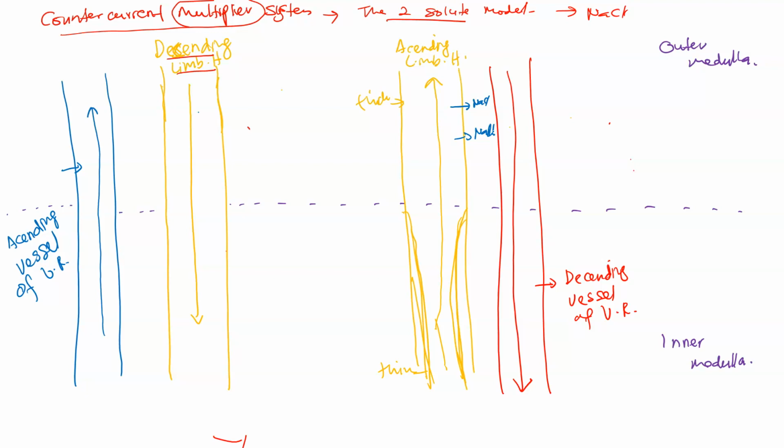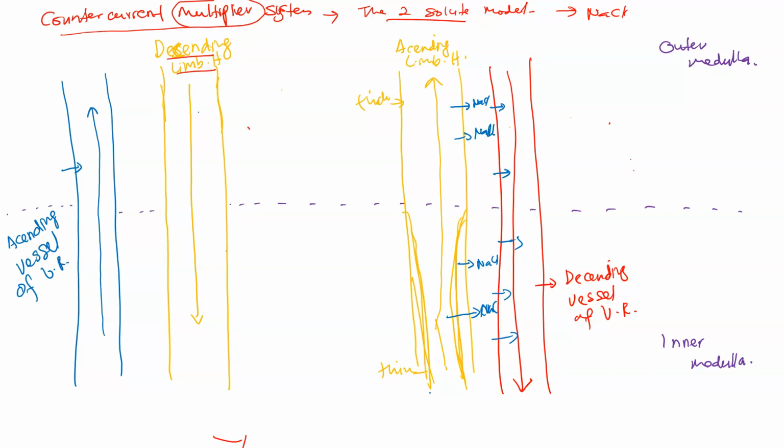Kalau kita perhatikan dekat sini, okay, sodium chloride keluar kan, dia akan keluar into interstitial fluid, dia akan masuk dalam darah, dalam descending vasa recta.